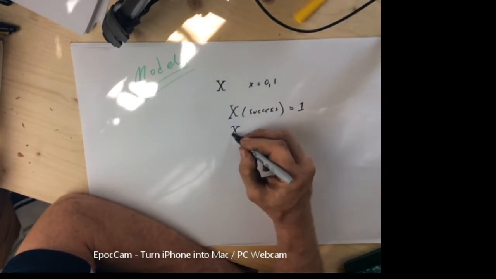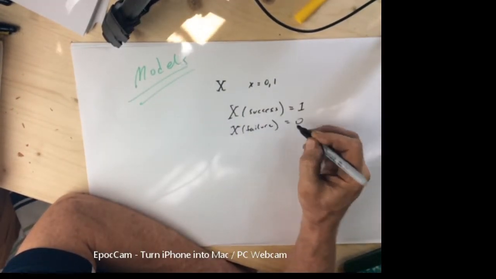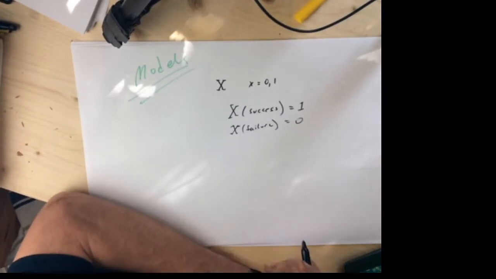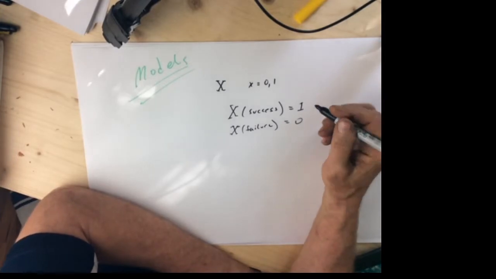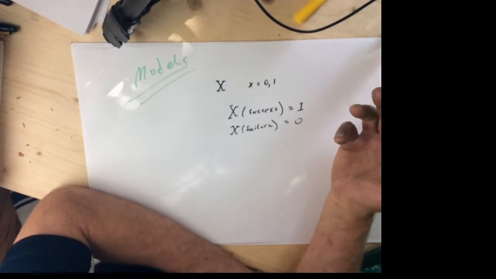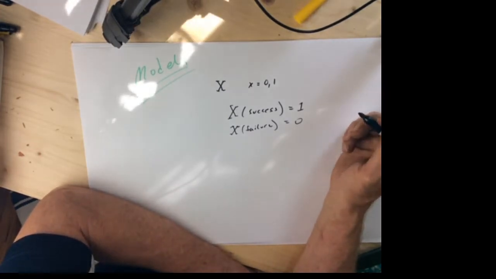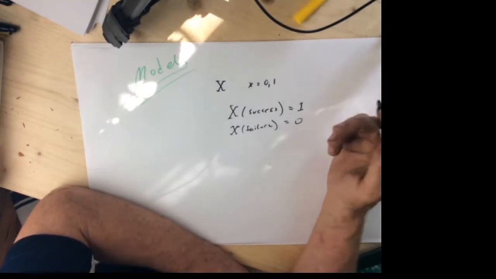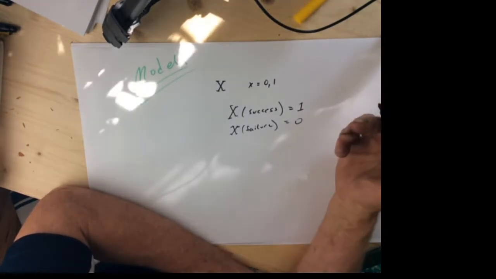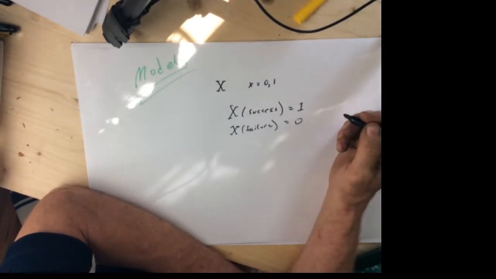And so, x being a failure can be associated with the number 0. Now, we need probabilities associated with these, but for example, if we're flipping a coin, you would probably say a head is success, and then p of 1 would be a half. But if you're drawing a heart from a deck of cards, then the probability of success will be 1/4, because only 1/4 of the cards are hearts.